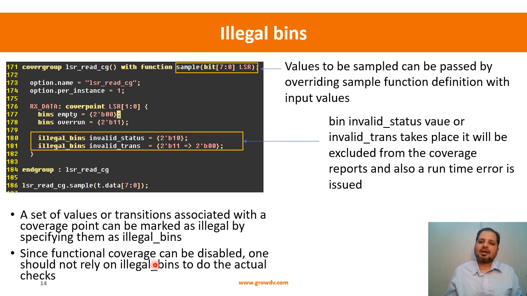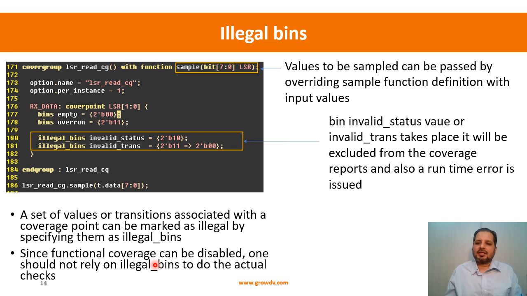So if functional coverage is not enabled, and you have defined an illegal bin and you are relying on the check that the illegal bin is going to provide, then that check may not exist. That might lead to a false test pass. So you should avoid using illegal bins, or you can use them as a sort of redundant check.